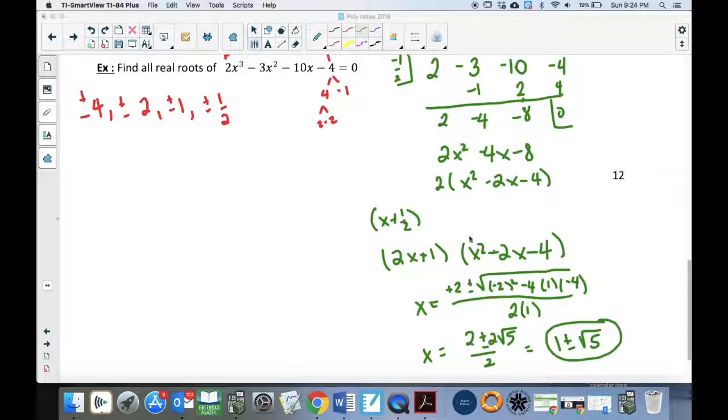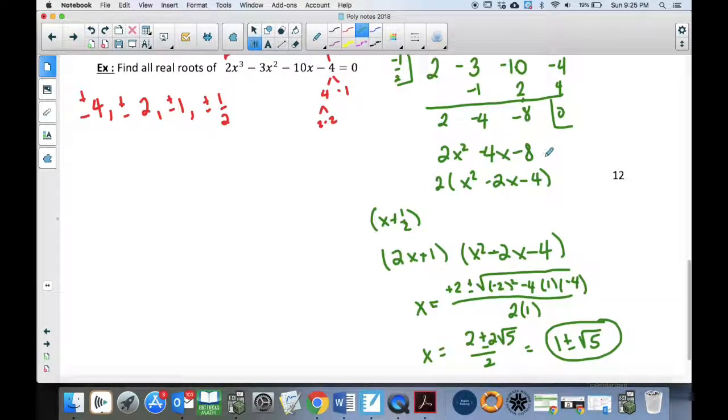My point here is that we list out the roots, then choose which one works from the graph, and that one was the negative 1/2. We confirm that negative 1/2 by doing synthetic division. If we can keep going, we keep going. But with this one, as we looked on the graph, none of those other things were going to match. And so that told us it must be the quadratic formula.